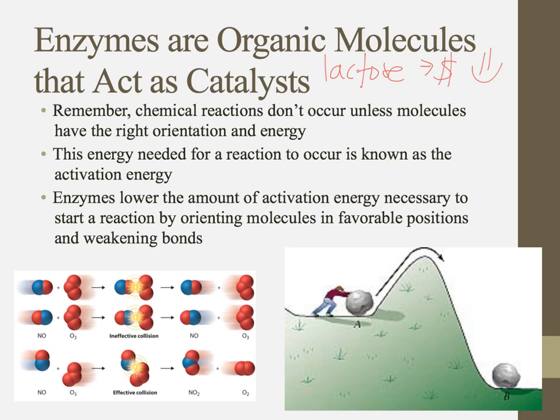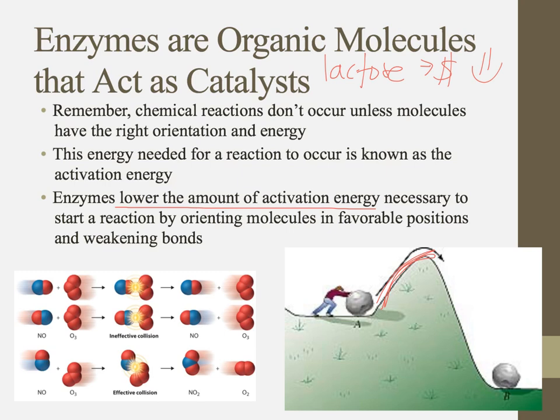What they do is they lower the amount of what we call activation energy. Activation energy is the energy that you have to put into a reaction to get it started. Remember that molecules need to collide with each other in a specific way with a specific amount of energy in order to produce a chemical reaction.